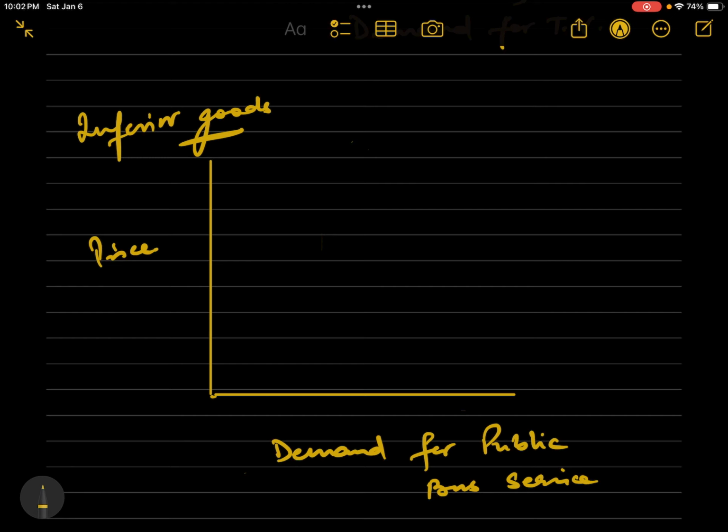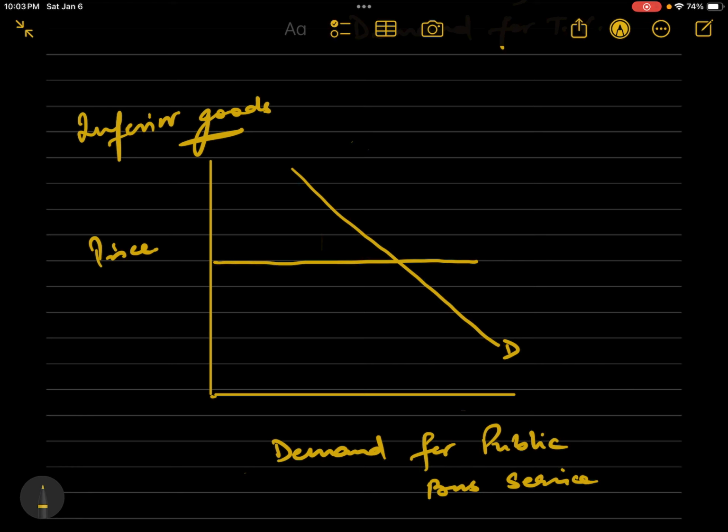You have the same price, your original demand curve is this D, but now if the person's income has increased, people will reduce the demand for public bus service and they might go to buy cars.